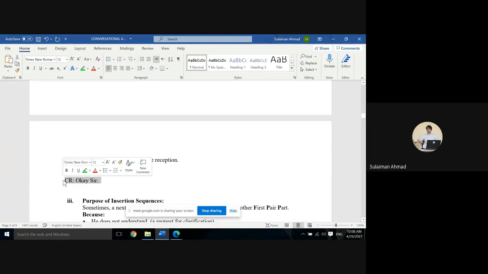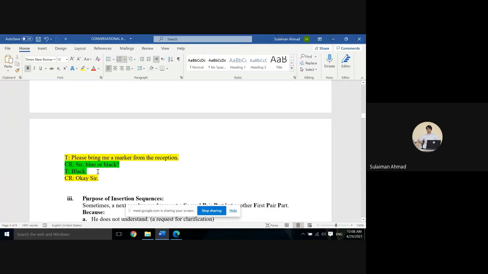Now look at the colors. Focus on them. Highlighted as yellow is one adjacency pair, and in between, highlighted as green, is an insertion sequence. So this is what we call an insertion sequence, an adjacency pair within an adjacency pair.